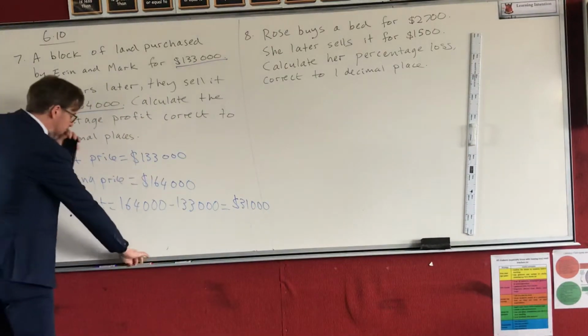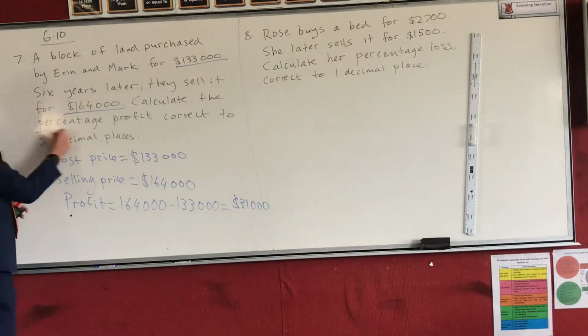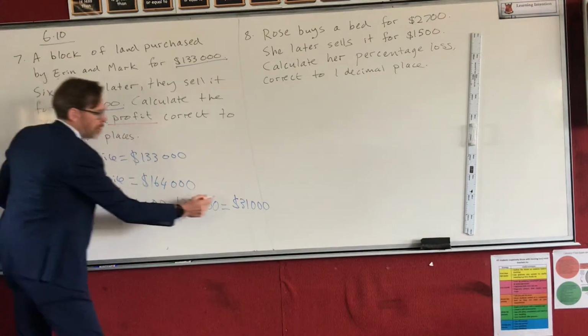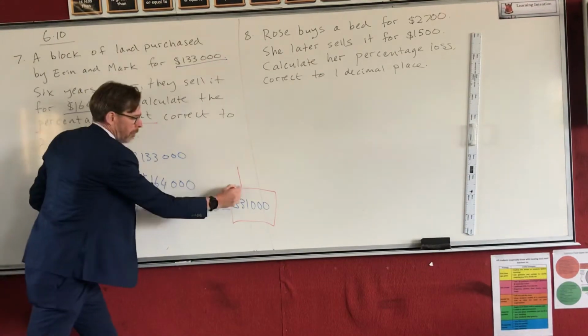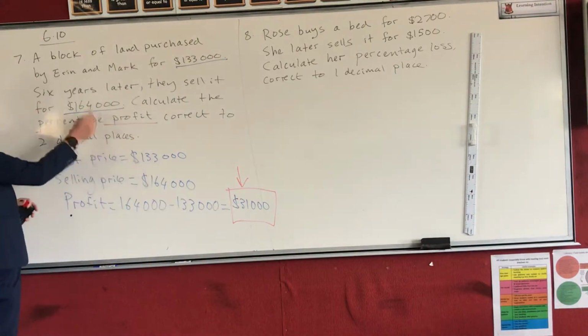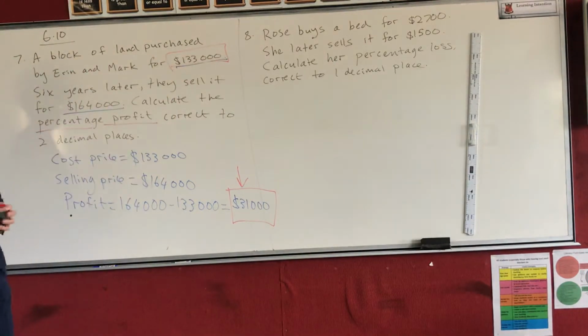Now, the question says, calculate the percentage profit. So they want you to compare the profit, there's your profit there, to the original price. And they want you to then write that as a percentage, okay?